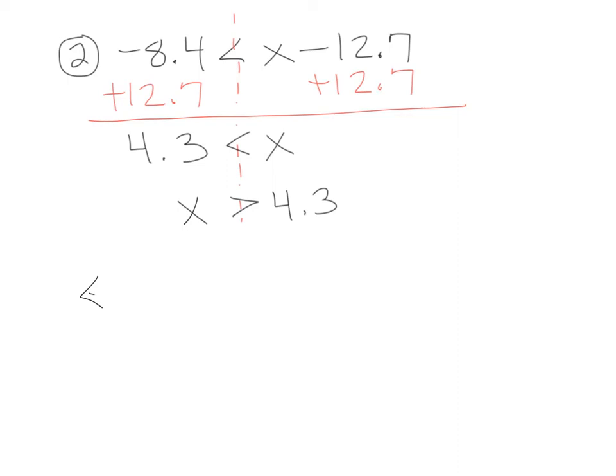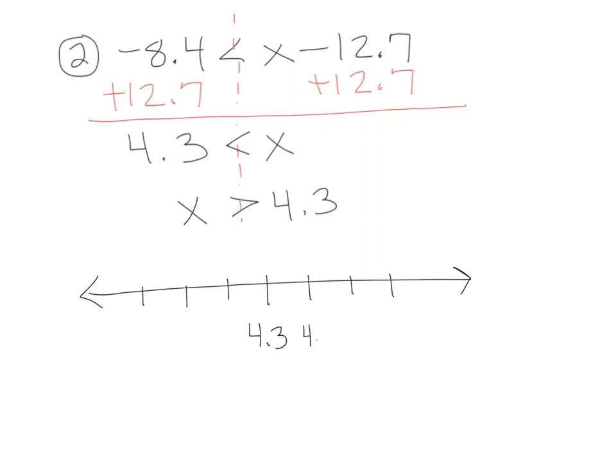There are a lot of values that are greater than 4.3. Equally space your marks. You can't really list all the values that are greater than 4.3, but you can graph them. So put 4.3 basically in the middle. And I'm just going to count by tenths. So I'm going to go up to the right, higher and higher to the right.